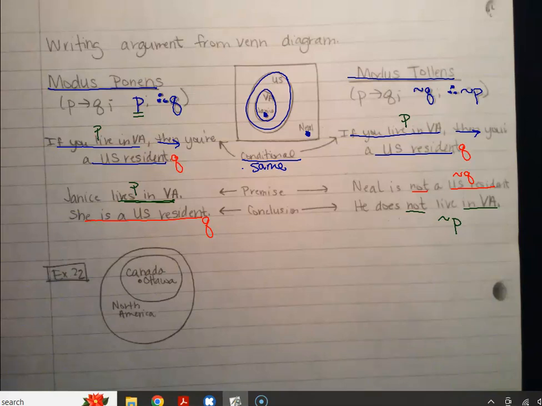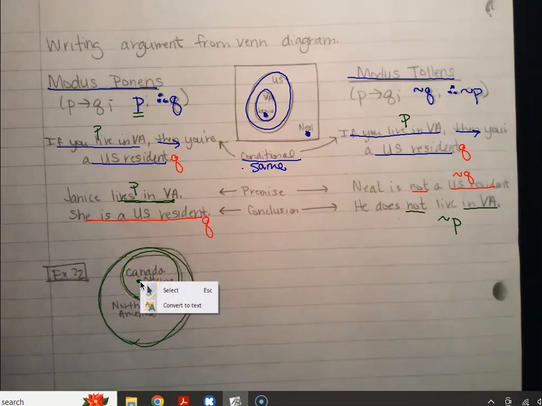All right, so let's look at an example. This says 22, I believe, because it's one taken from the book, so we could actually do one together. Exercise 22 actually, instead of example. So we've got Canada is in North America here, and then Ottawa is that city in Canada.